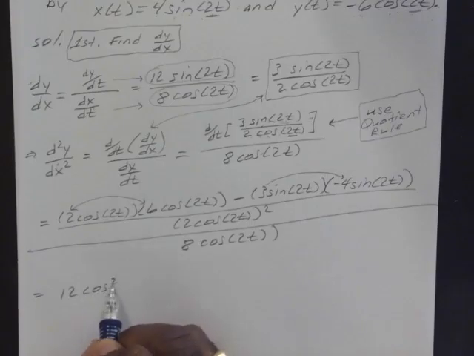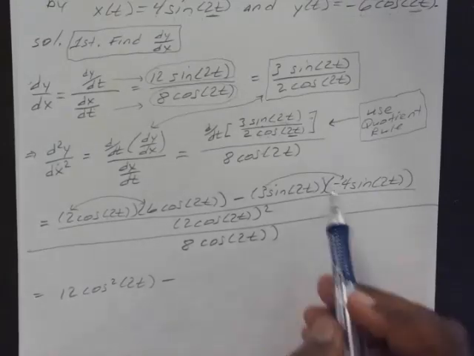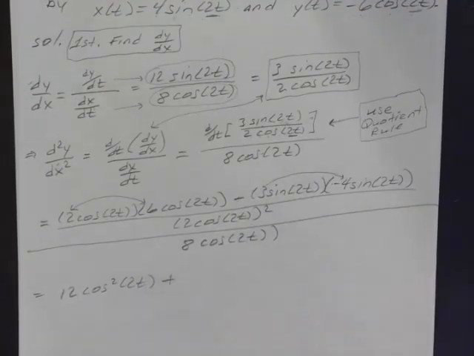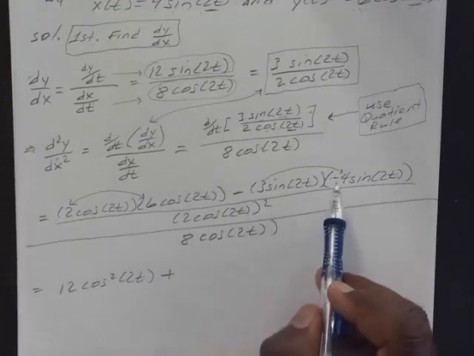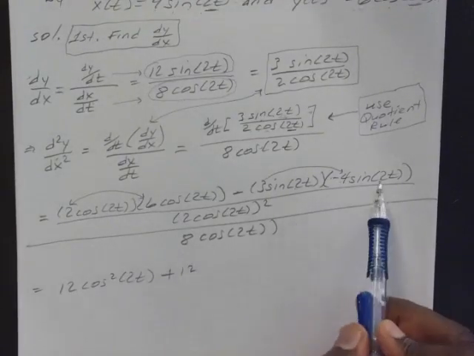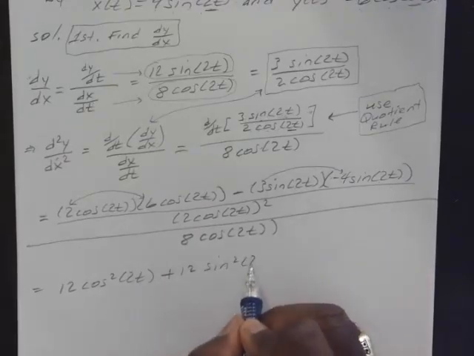So we have cosine squared of 2t minus, well, this minus negatives becomes plus, so we can go ahead and just make that plus. 3 times 4 is 12, so we have 12 sine of 2t times sine of 2t is sine squared of 2t.